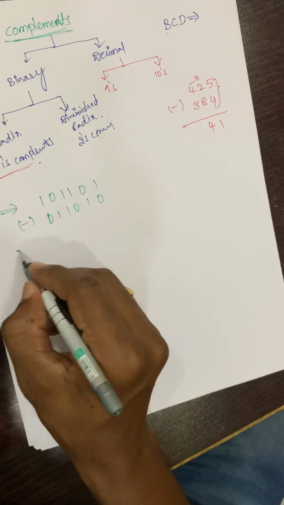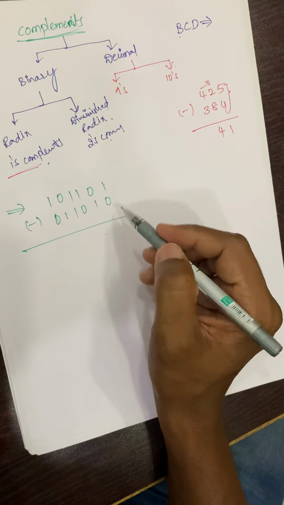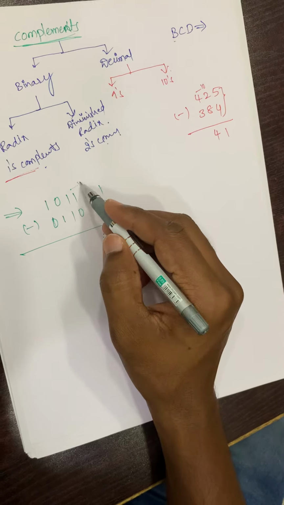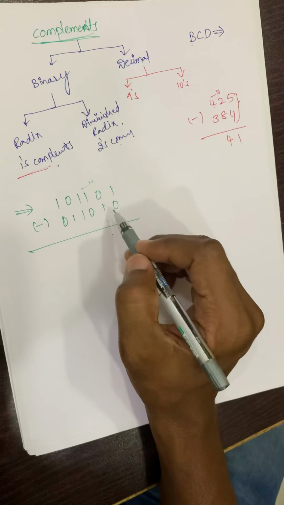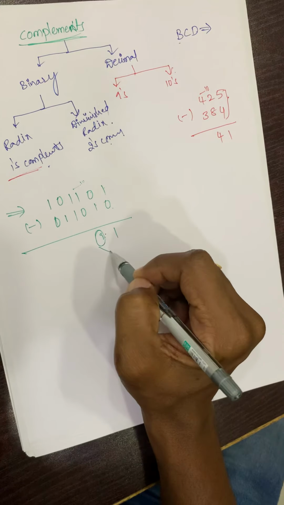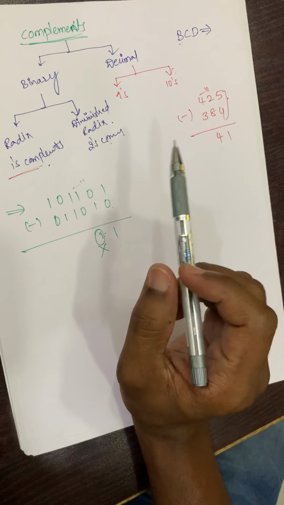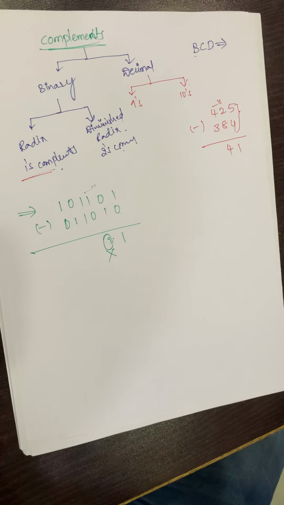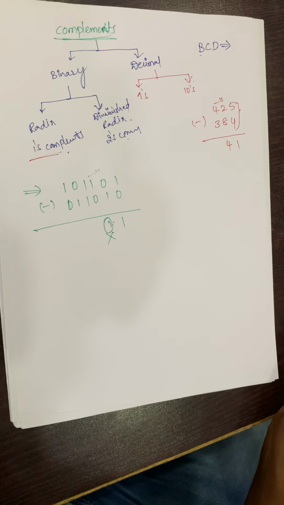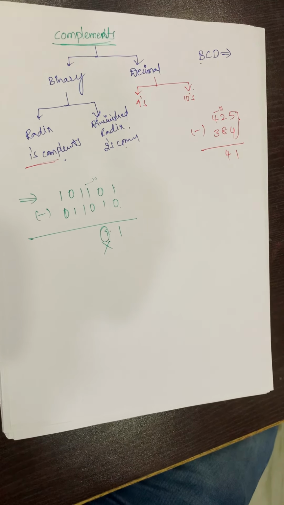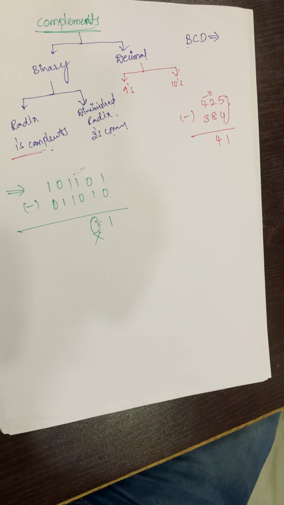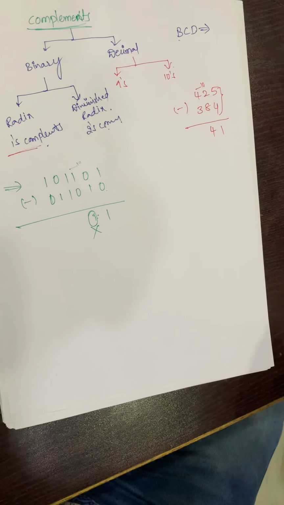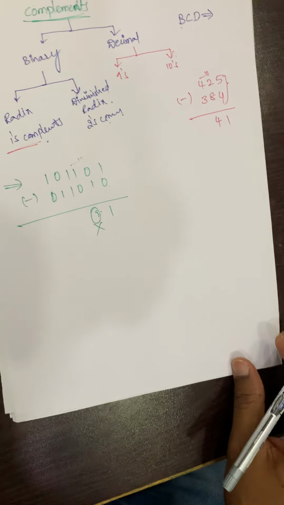How to subtract these two numbers? 1 minus 0, very good, 1. 0 minus 1, we can take the borrow, so 10 minus 1 is 9. But 9 is not a binary number; the number should be either 0 or 1. So how do we subtract binary numbers? The method is one's complement and two's complement, that is, radix and diminished radix. Now we'll see how to convert to the one's complement and two's complement.